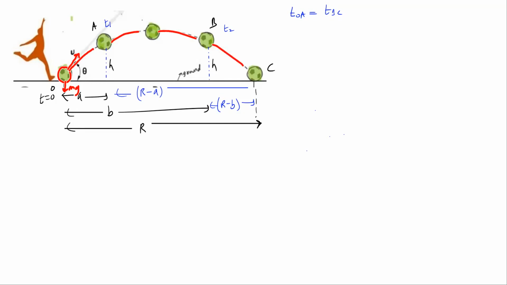Then it will strike the ground at point C. Look at this one. At two different instants of time, the projectile will be at the same height.